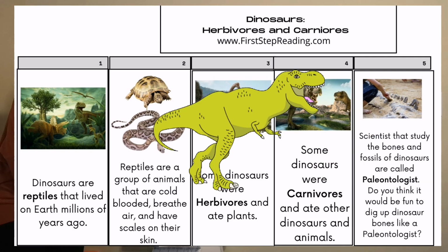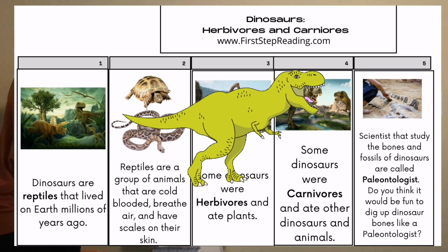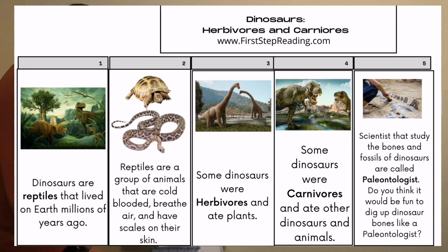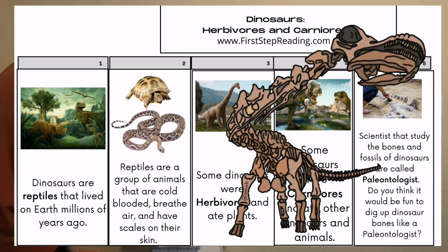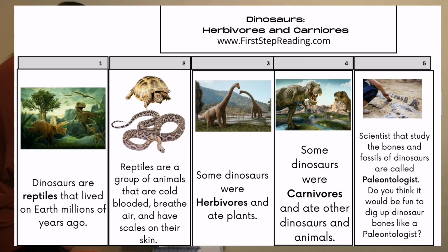Some dinosaurs were carnivores and ate other dinosaurs and animals. Scientists that study the bones and the fossils of dinosaurs are called paleontologists. Do you think it would be fun to dig up dinosaur bones like a paleontologist? That is our dinosaur story for today.